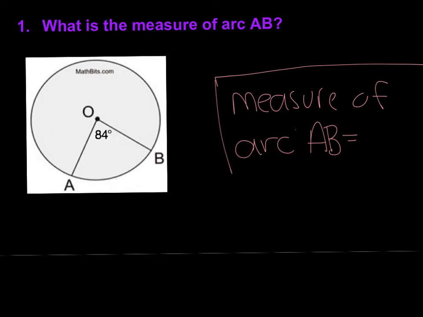And if we go back and look at your notes, you can see that the relationship between a central angle and its intercepted arc is that they are equal to each other. And so remember, if they're equal to each other, that means that they have to be exactly the same. So our answer would be the measure of arc AB is 84 degrees.